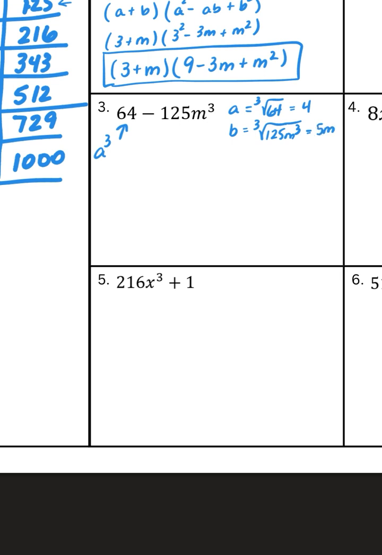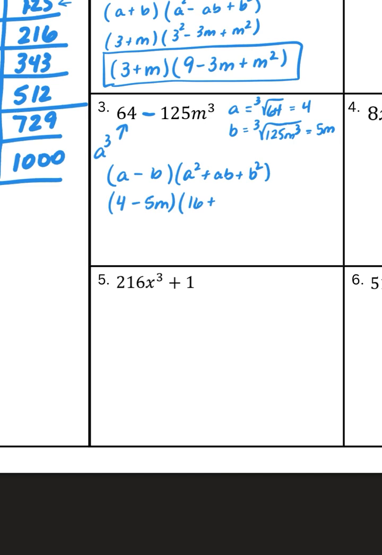All right, so then we're going to plug it into our formula. So we have our short and then our long. So I have A plus B, A squared, AB, B squared. SOAP is the same, which is negative, opposite, always positive. And then I'm going to fill in my numbers. So A is 4, B is 5m. A squared, 4 squared is 16.